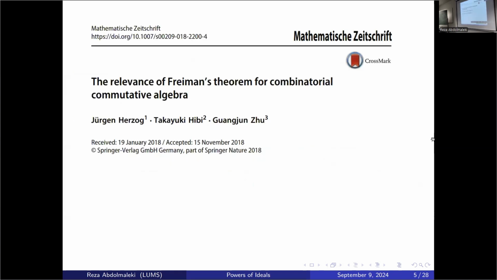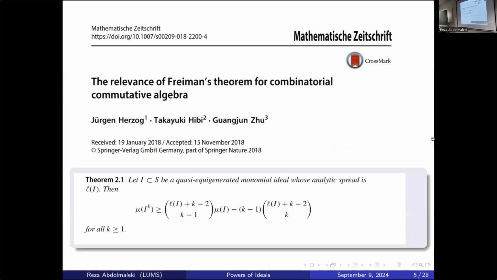You can find, and this is done by Herzog, Hibi, and Zheng, the theorem in this paper, which is published in the prestigious journal Mathematica. Even they proved the theorem for quasi-equigenerated ideals.